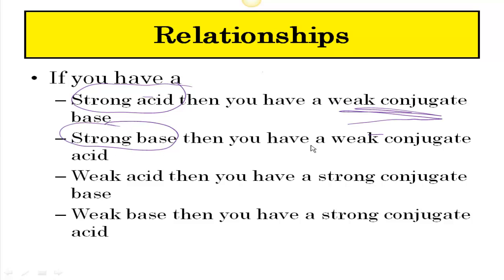If you have a strong base, then the result is going to be a weak conjugate acid. And then the opposite: if you have a weak acid, you're going to have a strong conjugate base, and with a weak base, you have a strong conjugate acid. Those are just some relationships to go along with what we talked about in the last section with conjugate acid, conjugate base. This will set you up, and this is more information that you'll have to know for your quizzes and tests.